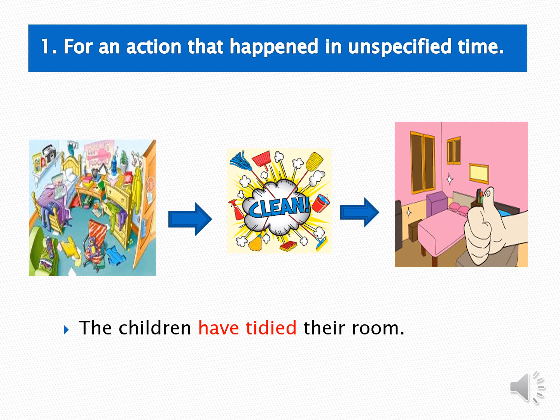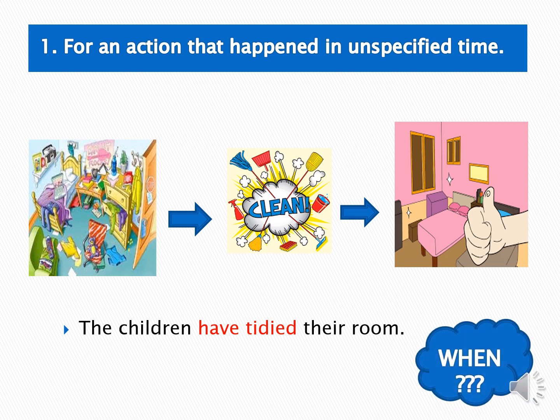So in this sentence, we just want to emphasize that the children have cleaned their room. So now their room is clean. When? Yeah, we don't know because we just want to emphasize the action.